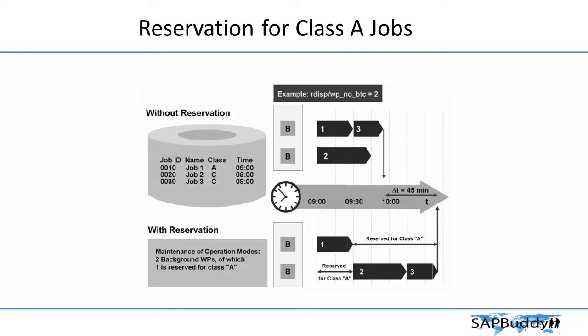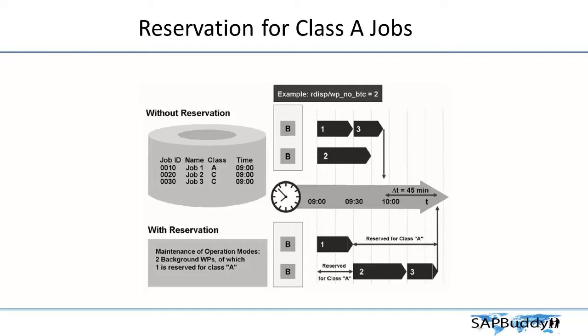Let's assume you have class B jobs which are quite big, and maybe you have 3 work processes. These 3 work processes are occupied with 3 class C jobs for a period of 2 days, for example, and you don't have any free background work process, and you want to run a class A job. In that case, what happens? You do not have a work process where you can run this particular class A job. In such a case, we can have an operation mode and switch it, and then it will automatically allocate.